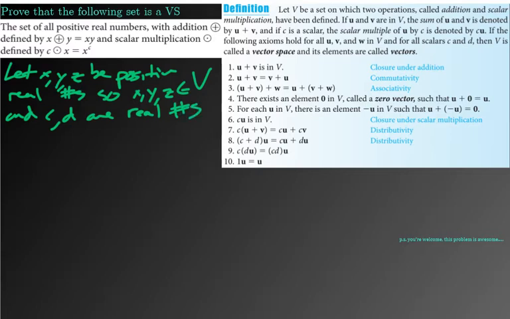So it's a vector space over the field of reals, and the set is built out of positive reals. That's important.